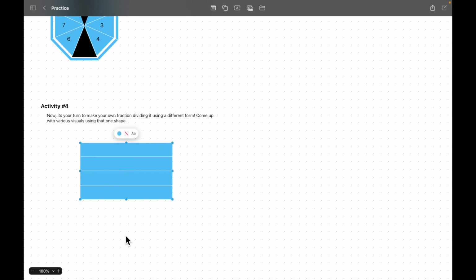This is not equal, but we'll just stick with it. These are the examples I'm talking about when I say coming up with various visuals using that one shape. It's still that rectangle we're using. We didn't change the shape, but within that shape we used various methods to divide it, because the way we divided it, they all look different.